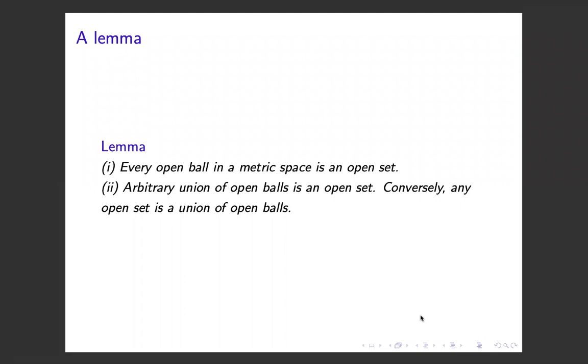And it depends on the resolution of your graph paper. If it is very finely calibrated, you may have a better answer. So the second statement in this lemma is basically an abstract version of that. Okay, fine.